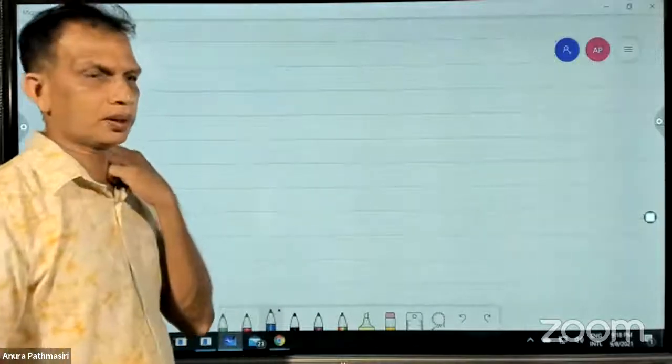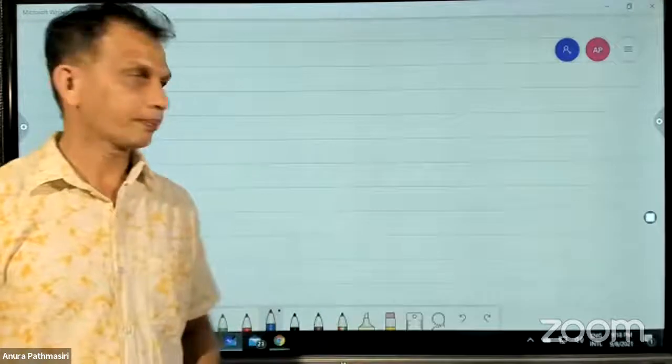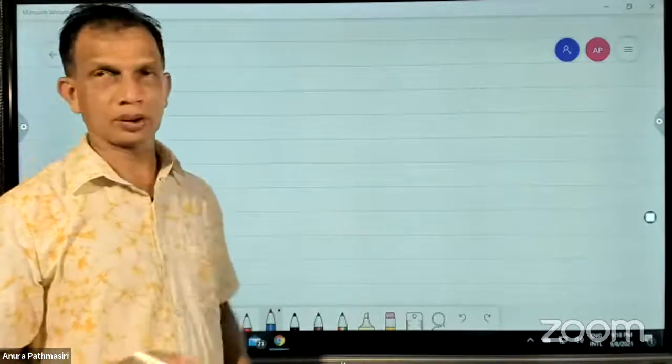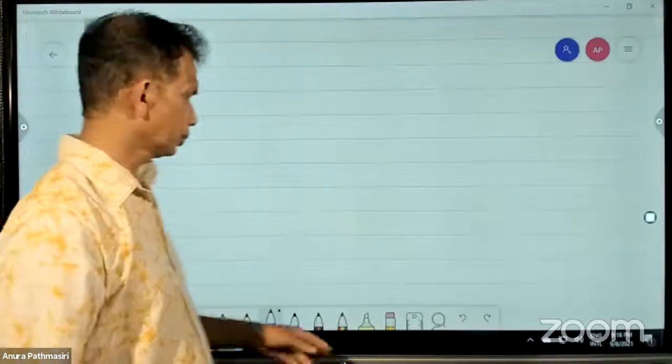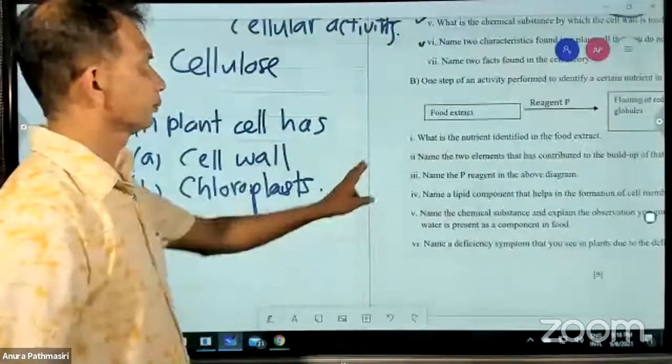Apart from that, if you are interested in writing, you can say the glycogen and starch granules can be available. Next one.